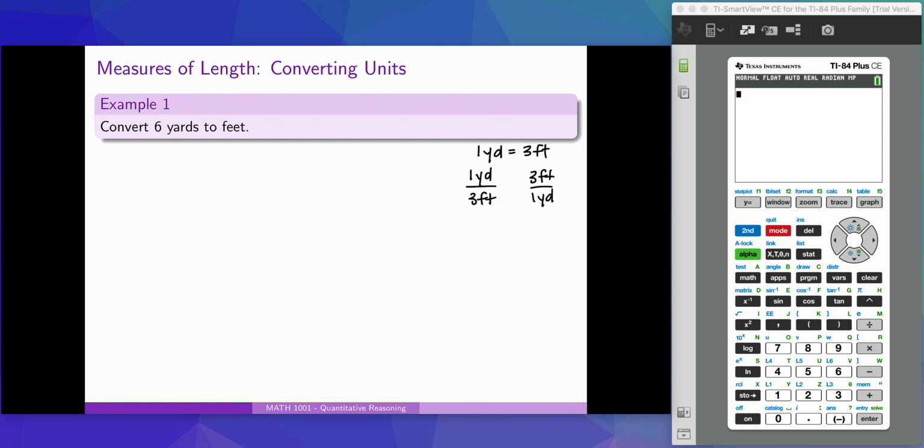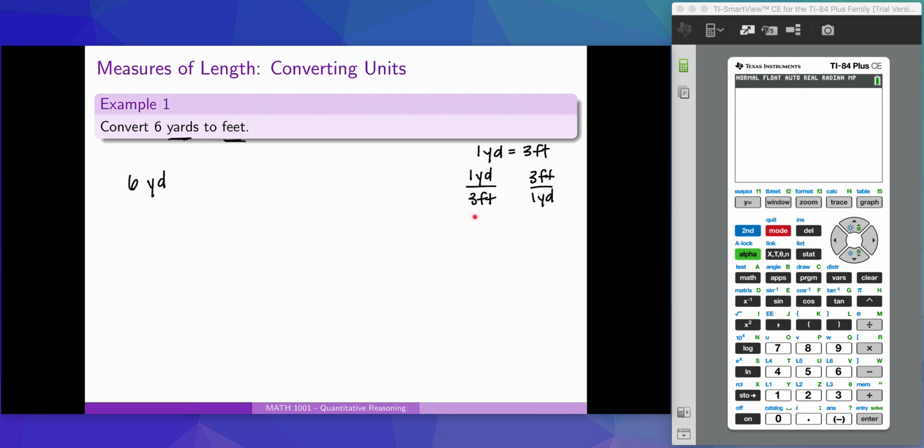Our goal is to start with yards and end up with feet. So I'm going to start with 6 yards. Now I'm going to multiply by one of my conversion factors, because remember, my conversion factors would just simplify to 1, and multiplying by 1 doesn't change anything.